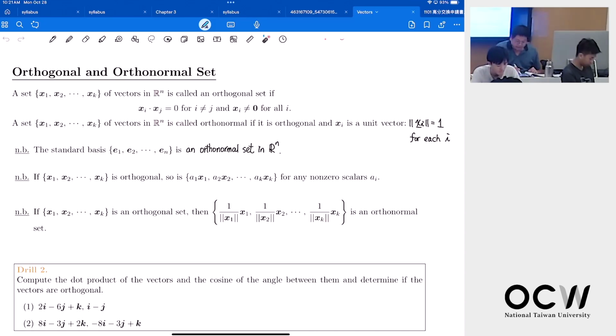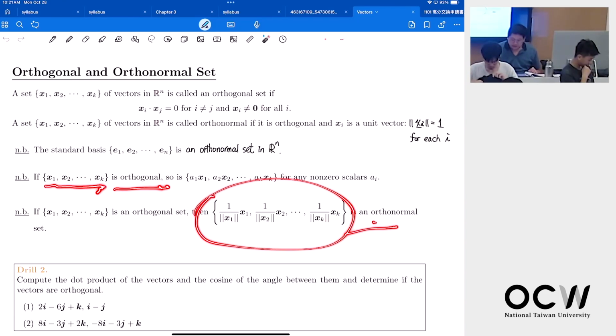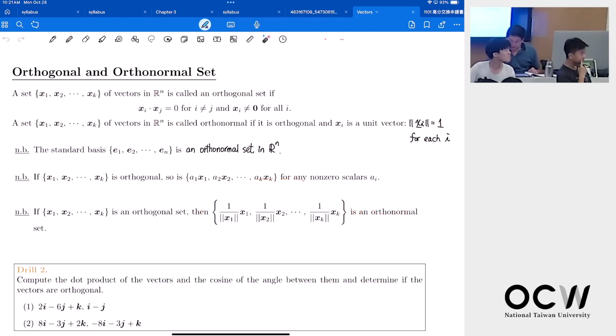So if I have k vectors that are orthogonal, then I divide by each norm, and this new set is called an orthonormal set. So orthonormal means normal vectors, right? Unit vectors, so their norm is 1. Okay, that's the difference between orthogonal and orthonormal.